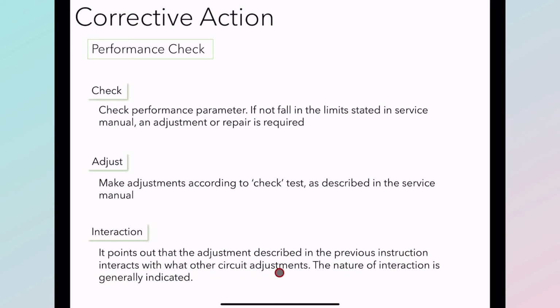The nature of this interaction is generally indicated in the service manual, so it is not difficult. Mostly our check and adjustment parts are enough, then we just need to see the interactions taking place as a result of the adjustments that we have made in the previous step, okay.